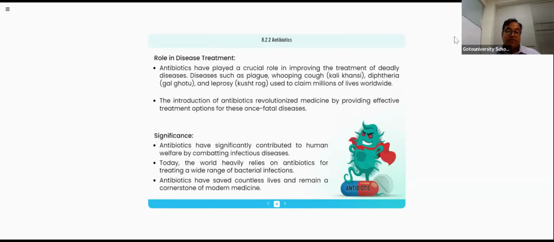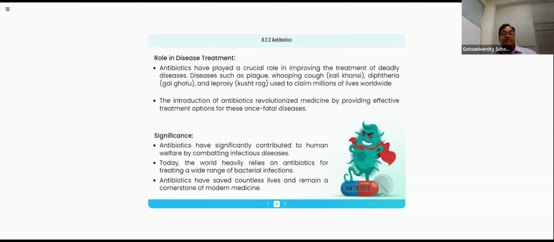Here, if you're talking about roles in disease treatment, the antibiotic is used for Kali Hansa, whooping cough. The cough will not stop; it continues or gets prolonged for 2 to 3 minutes. Diphtheria is called Kalagotu. Okay, here leprosy is called what? Kushta Rog, we say in South India, and in North India, Kush Rog.